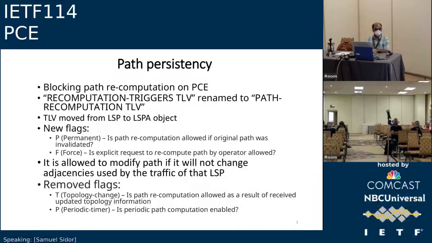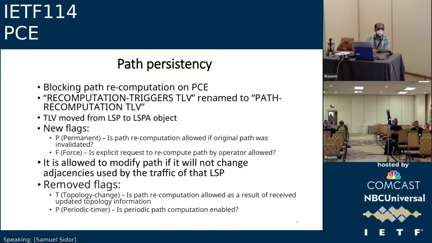So the draft introduced a new TLV for blocking path recomputation or path optimization based on various triggers like PCE topology updates or periodic recomputation. And we have received feedback that there are not many use cases for such granularity. So the TLV was simplified by removing those flags.